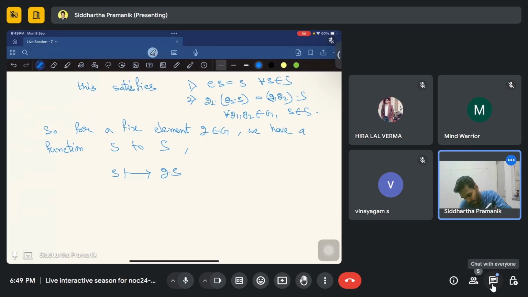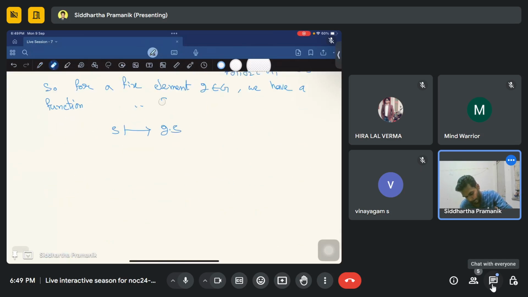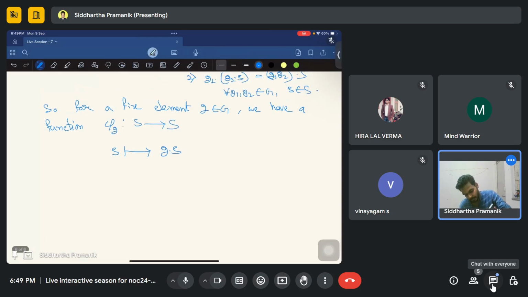So let's give a name to this function. Let's name this by phi suffix g from S to S, and it is defined by phi_g of s is just g·s.